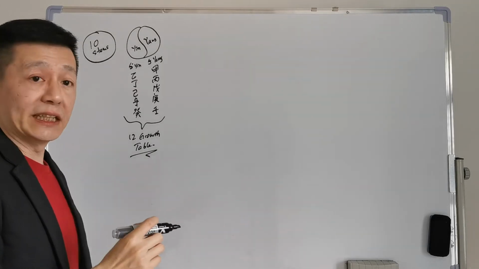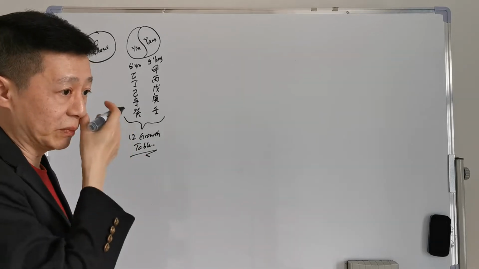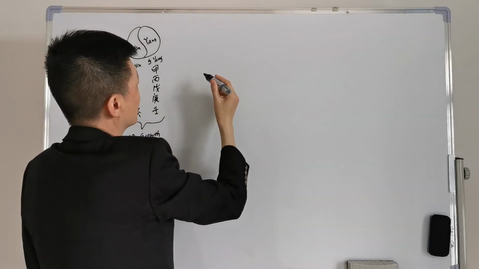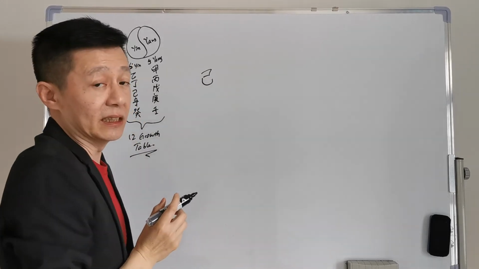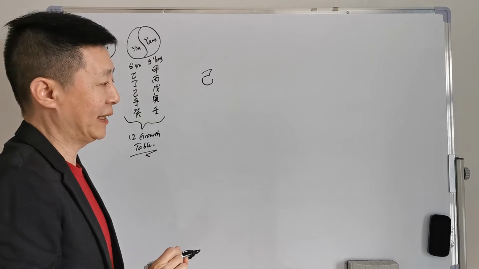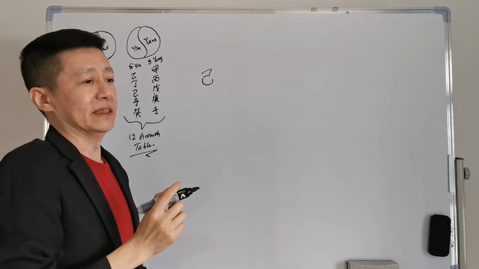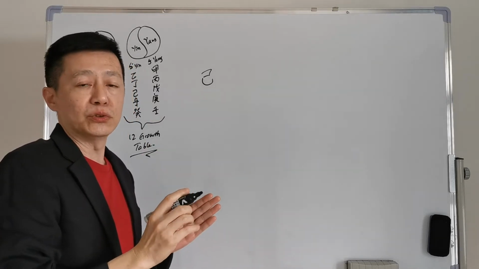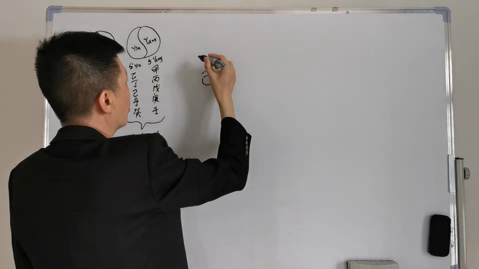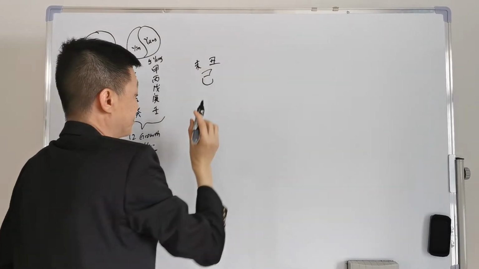I give you an example based on the 12 growth table. We use Ji as the day master. But when I use Ji, there's a difference between these two Ji, because this Ji can be goat or this Ji can be ox.